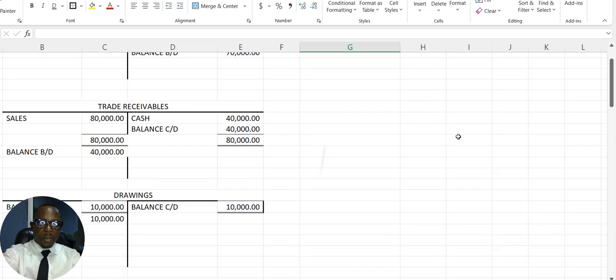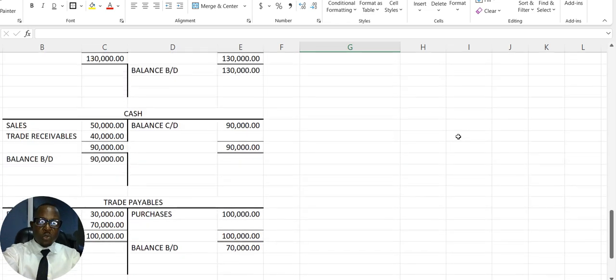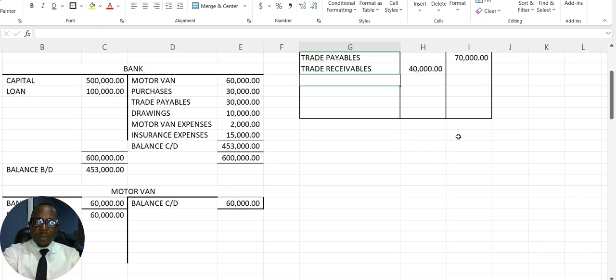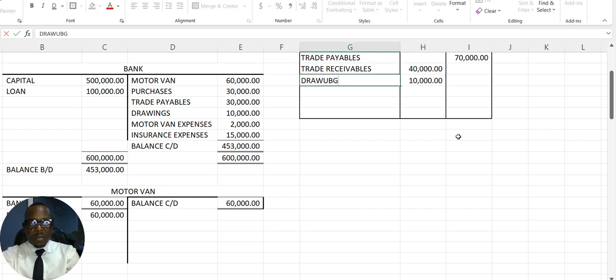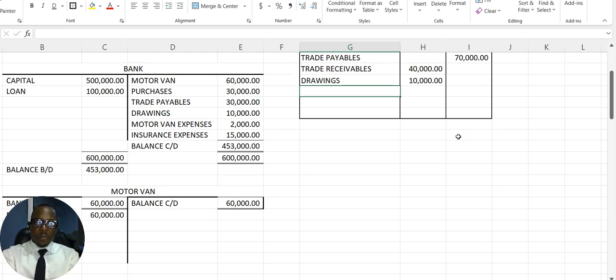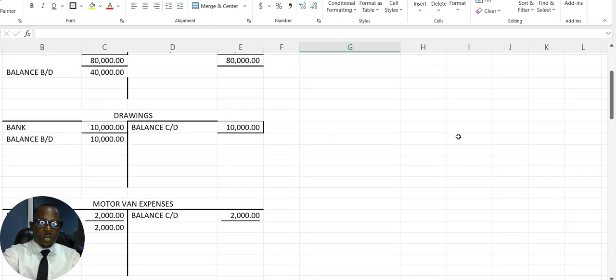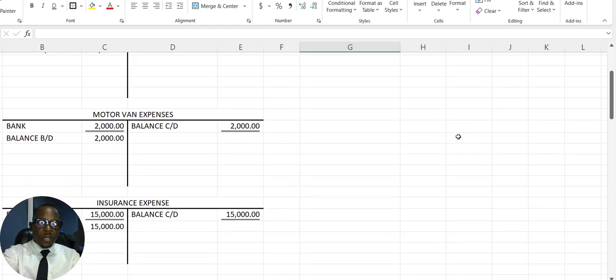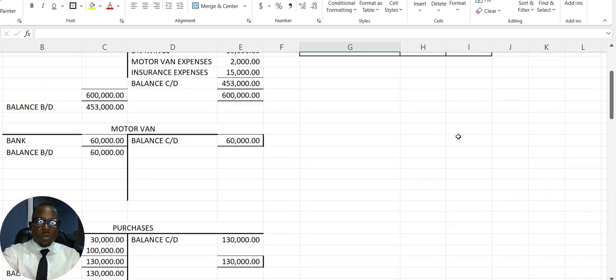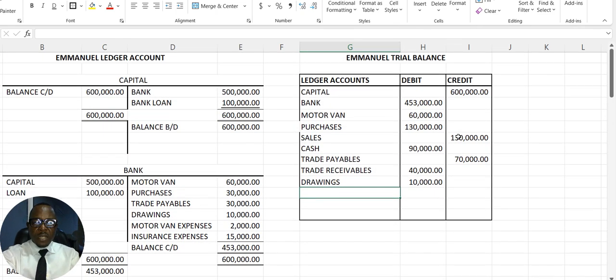Next, we have drawings, and drawings has 10,000 naira on the debit side. Drawings. Right. The next one is motor van expenses, 2,000 on debit side. Motor van expenses, 2,000 on debit side.